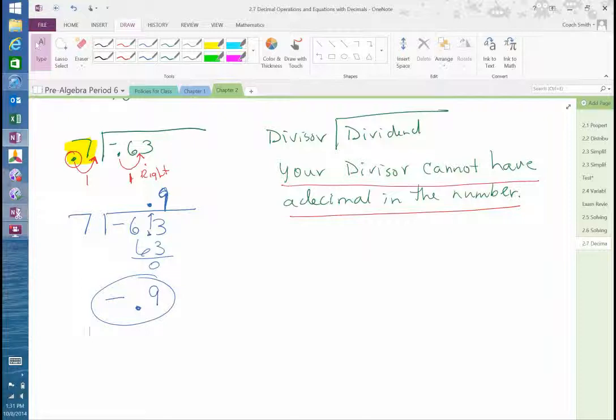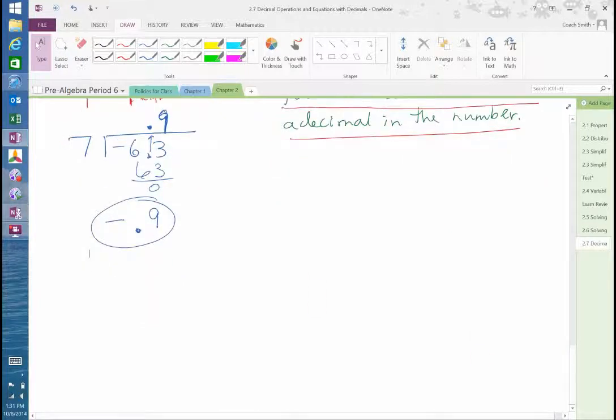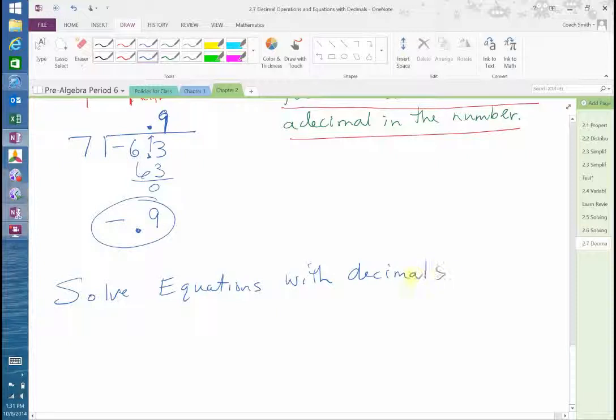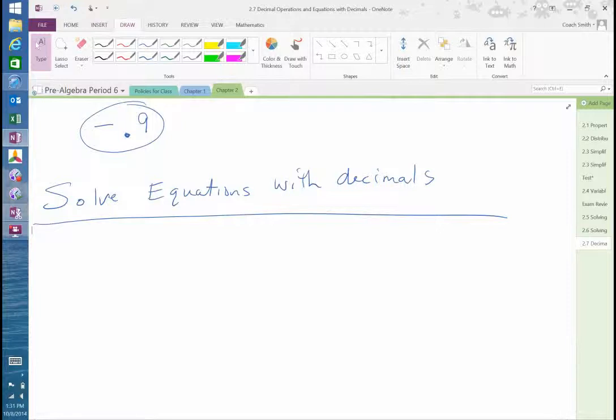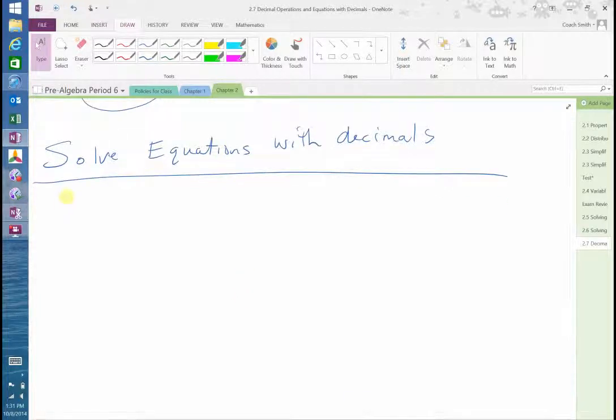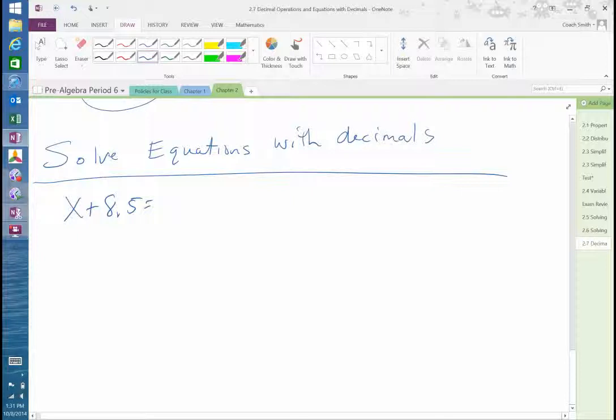But the main goal today is to solve equations with decimals. Okay? So, for example, x plus 8.5 equals 13.7.